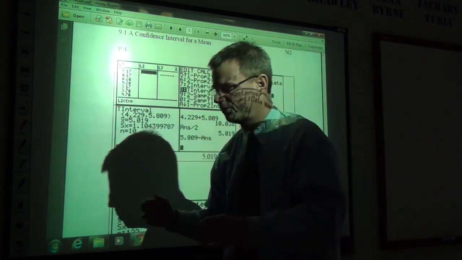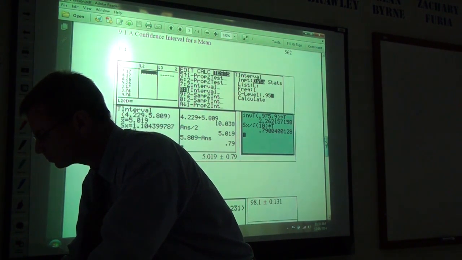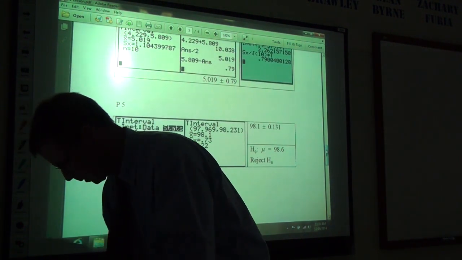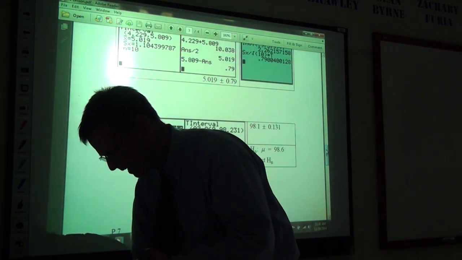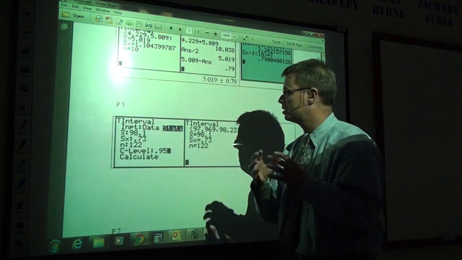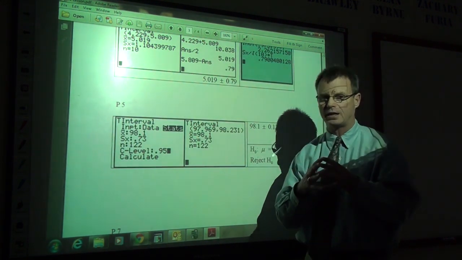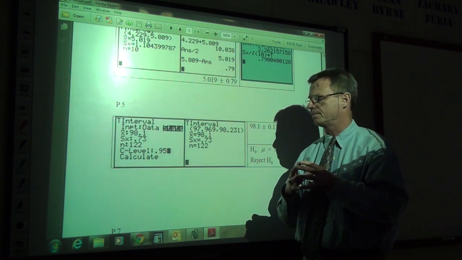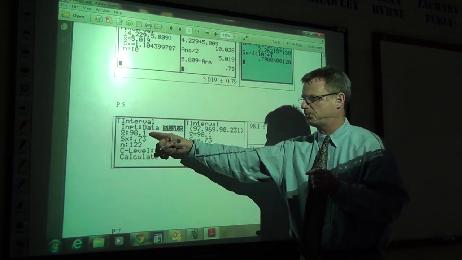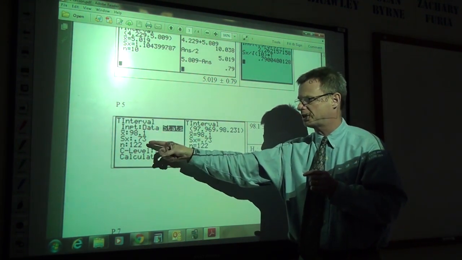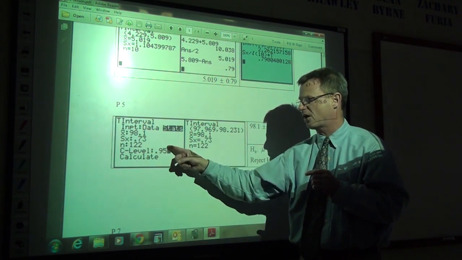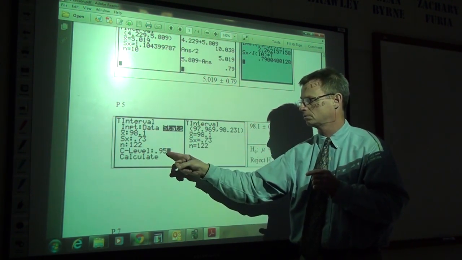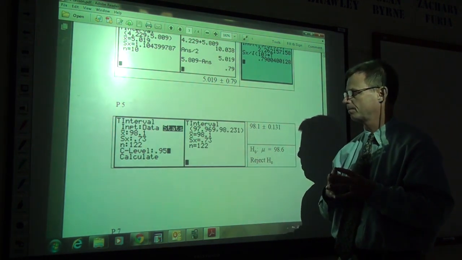Now P5 is different in that for P5 they gave you the statistics. They didn't give you the raw data. So they told you, here's what happened. I was given this mean, that standard deviation, and that sample size, and I want a 95% confidence interval. Here's what the calculator spits out.